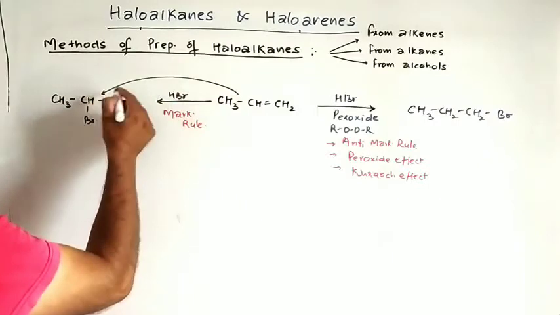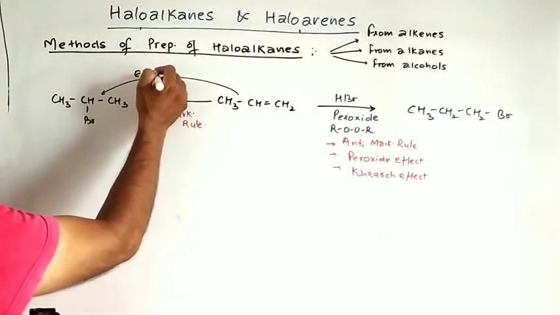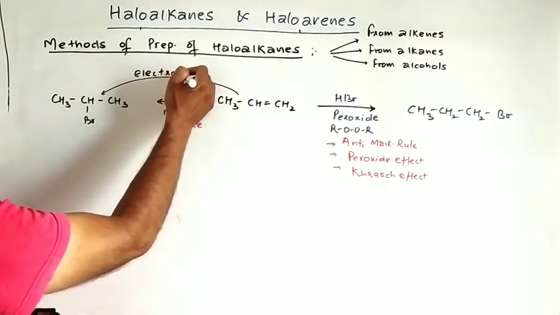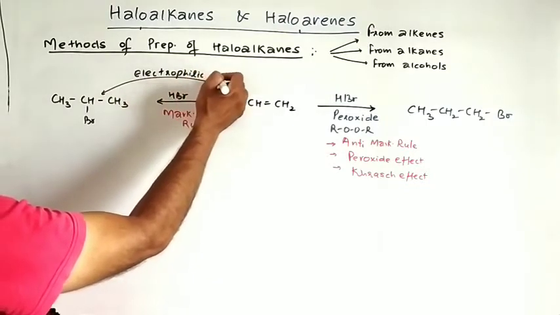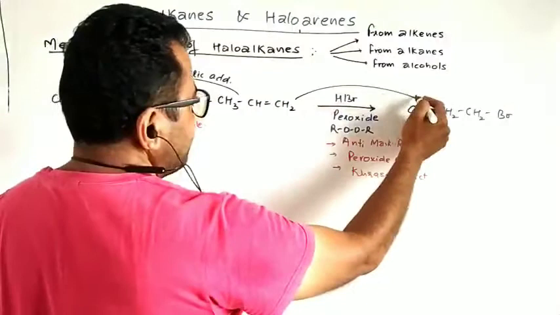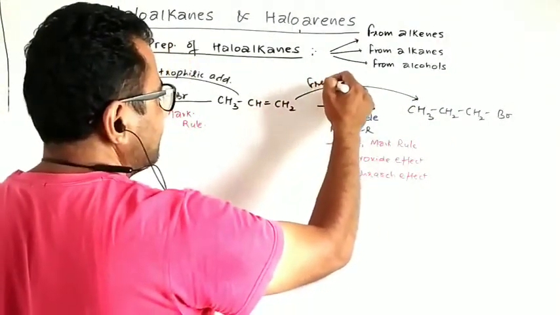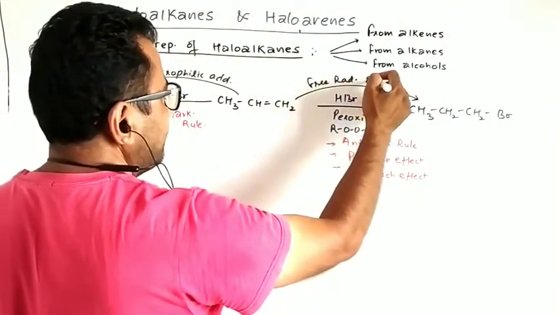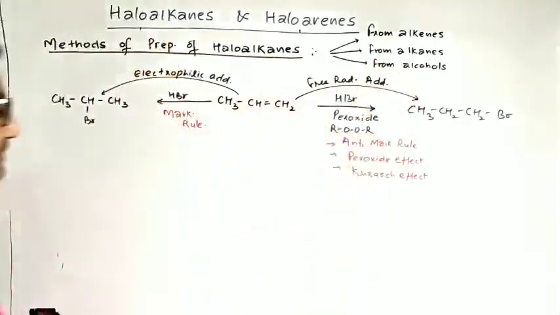Here the mechanism is electrophilic addition. Here the mechanism becomes free radical addition, because peroxide produces free radicals.